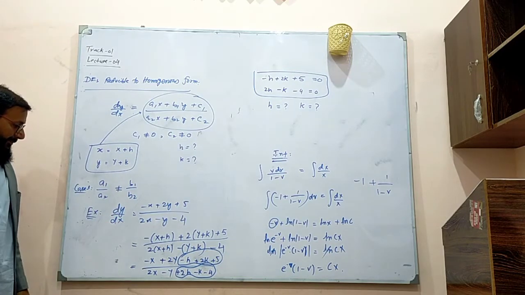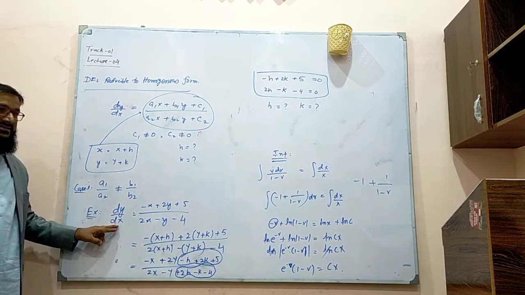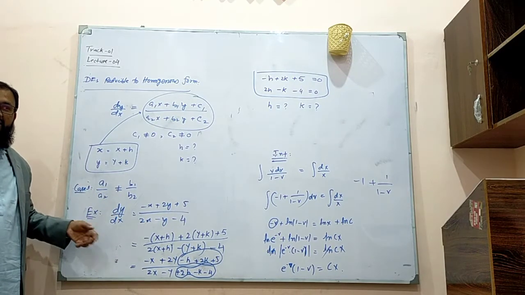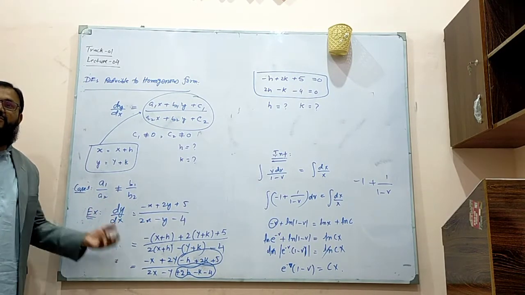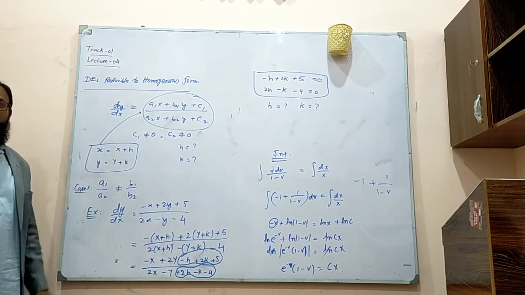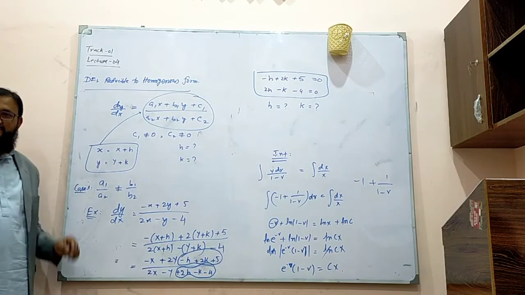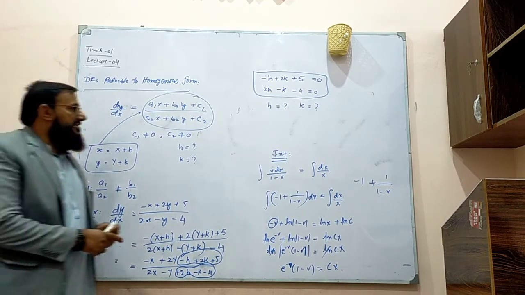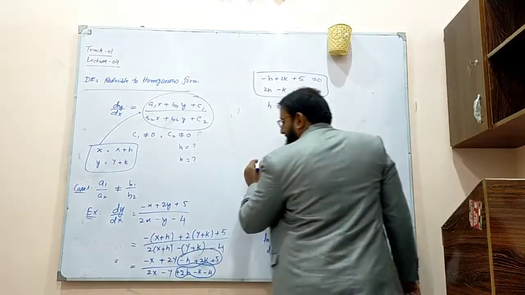The problem is my left hand side contains dy by dx, which is the derivative of small y with respect to small x. We have to convert this into capital. Can we do it? By taking the derivative here. Taking the derivative? How?